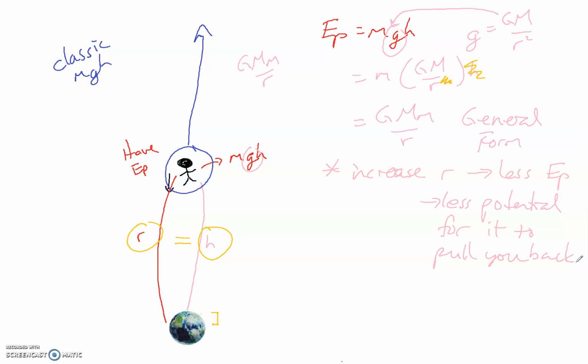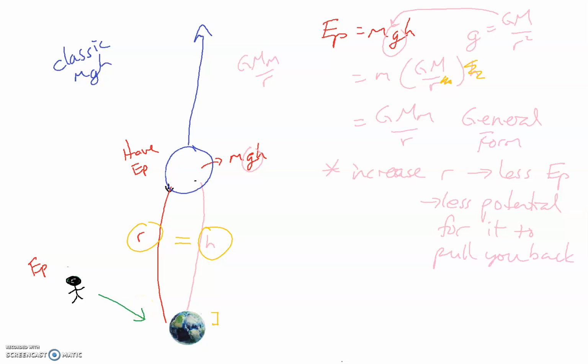Okay, so what happens if we take this guy here and move him over here a little bit? Let's take the situation where he's up here above the Earth. Of course, he has potential energy up here. We know that. And he begins to fall to the Earth.